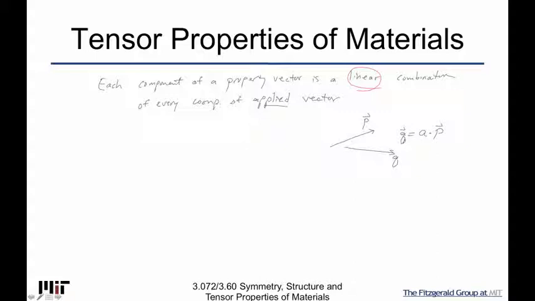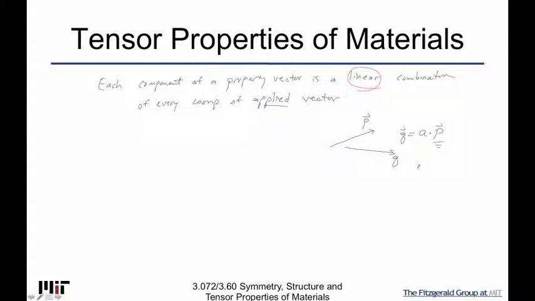Okay, and it turns out there's a lot of properties. There's a couple of assumptions here. Is that P is sort of small enough that we stay in a linear regime. What often happens in materials properties is that when these get very large, there's a huge force on something, then the displacement starts to show non-linear behavior.